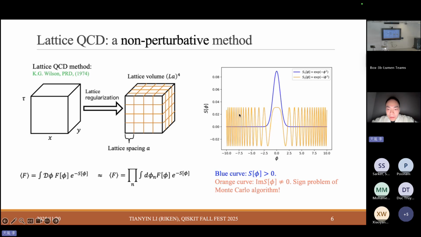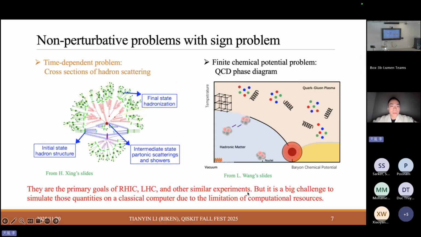And if the action looks like the orange curve here, which is highly oscillating, this kind of system cannot be simulated efficiently using the Monte Carlo-based lattice QCD method. This is the very famous sign problem of the Monte Carlo algorithm.